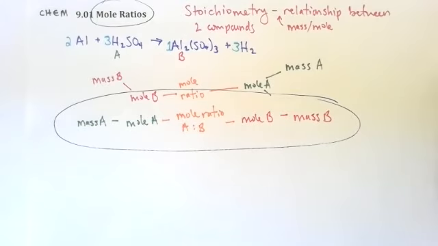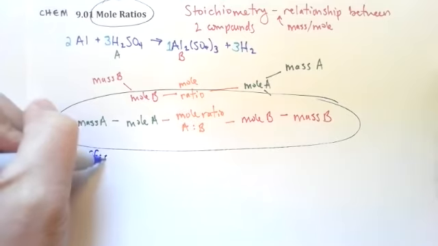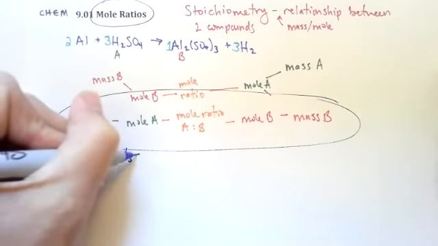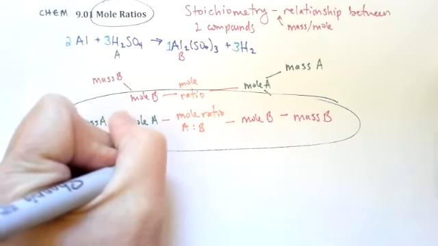we have to look at what a mole ratio is. In the past chapters, when we looked at coefficients, we said that coefficients were equal to the number of molecules.